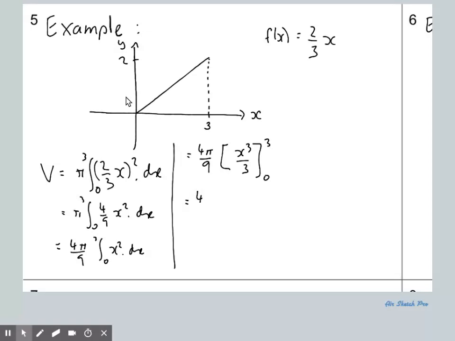That's equal to 4 pi on 9 outside of 3 cubed on 3, and I have to subtract the value when x is equal to 0. But when x is equal to 0, that whole thing is equal to 0.